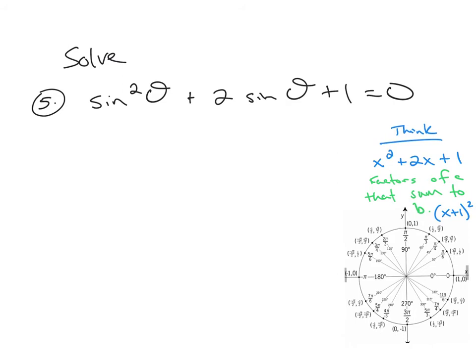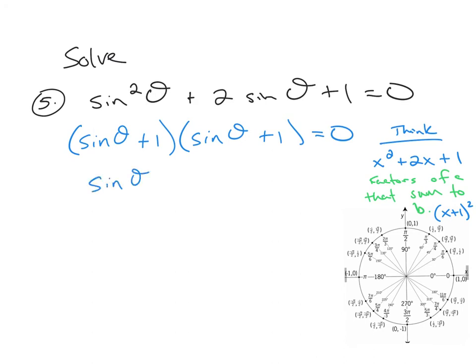So I'm going to show it written out twice over here in this example. It would be sine theta plus 1 times sine theta plus 1. So they'd both be the same thing. So we could really write that as sine theta plus 1 quantity squared. Okay, so I would accept either of these as putting it in factored form.